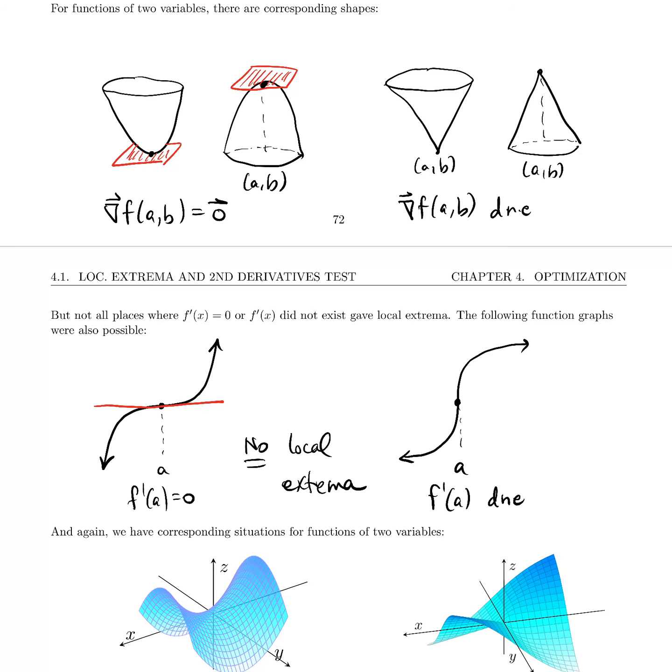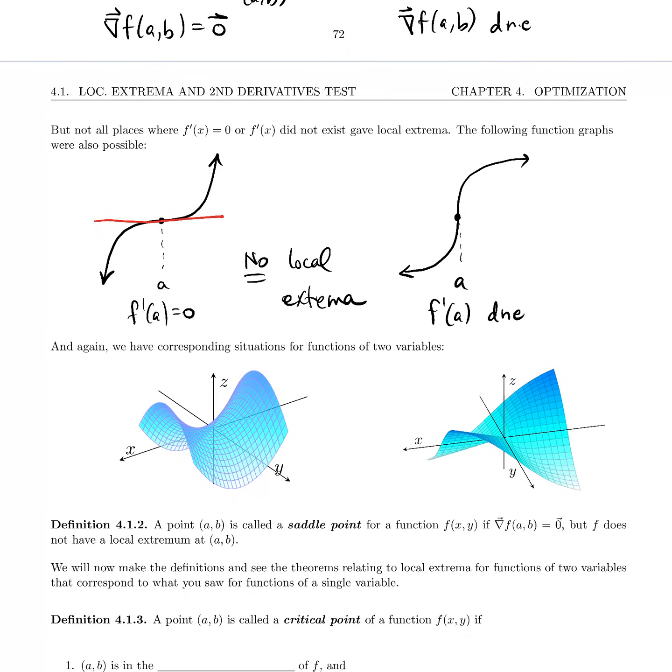Again, we have corresponding pictures for functions of two variables. We've seen both of these examples before as well. The hyperbolic paraboloid has a lovely flat spot right there where the tangent plane would be horizontal. The gradient at that point would therefore be 0.